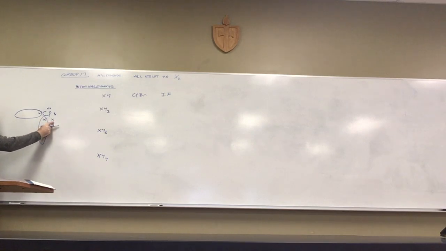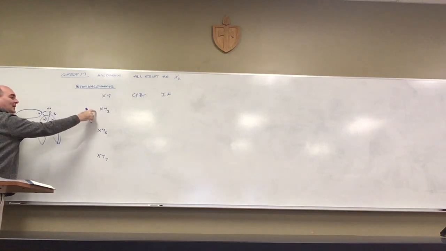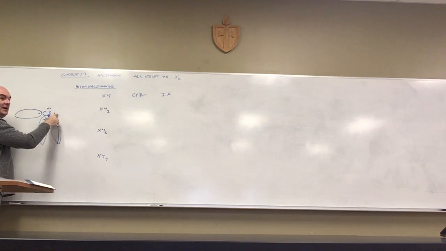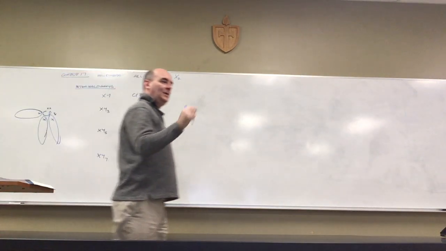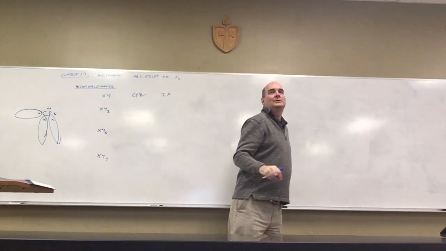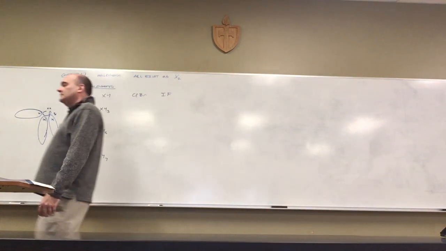Then what's this going to be? XY, XY3, XY5, XY7. These occur because we're splitting up those non-bonding pairs of electrons.